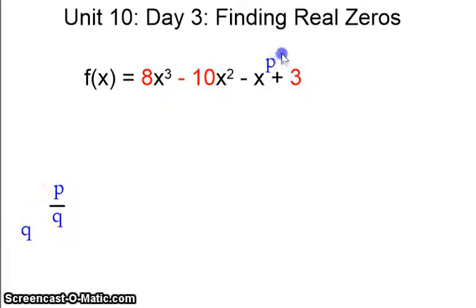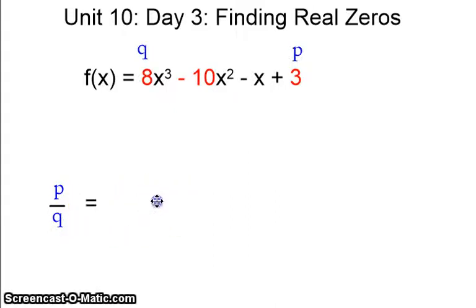In this case, P is the last coefficient, which is a0, and Q is the first coefficient, which in this example is 8. What the rational zero theorem says is that if there is a factor of this polynomial, it is the result of dividing a factor of P by a factor of Q. In other words, P divided by Q could be a possible root of the polynomial. So let's take a look.